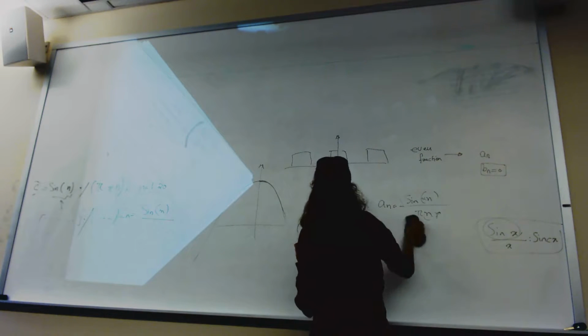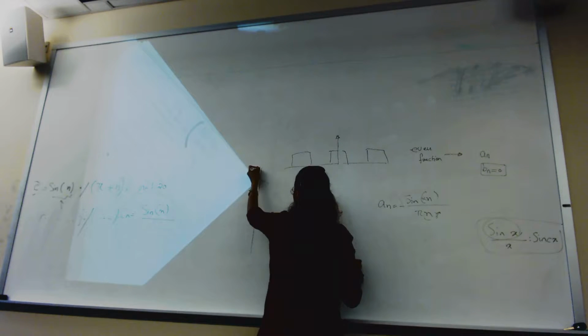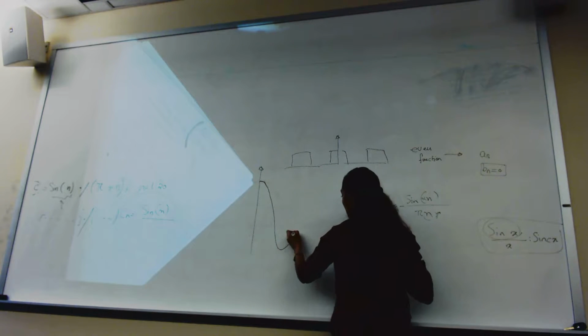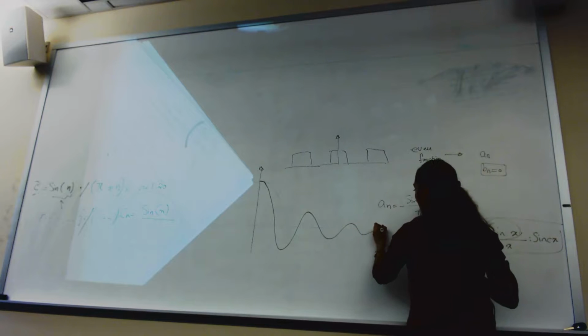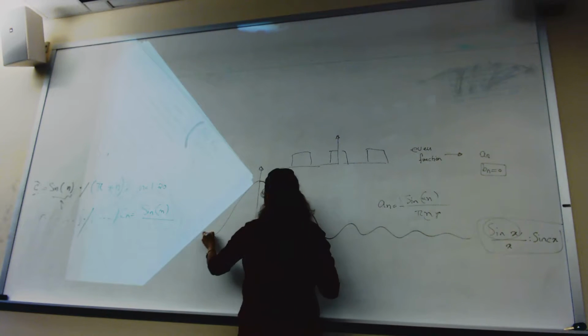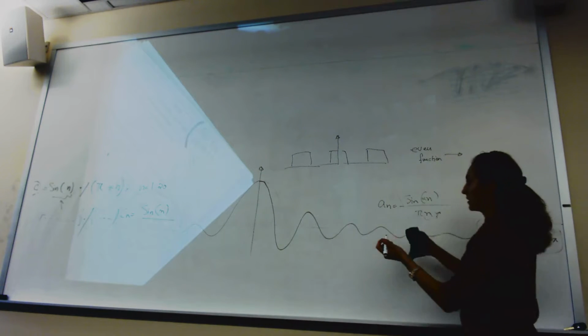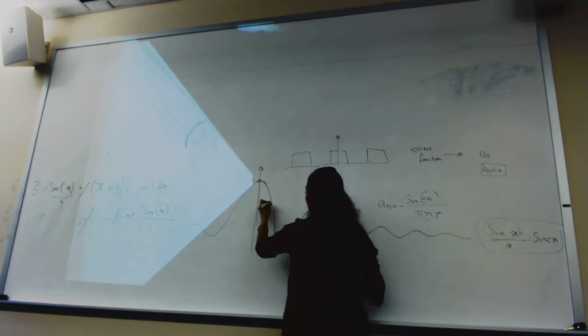This is how the sinc function looks. The sinc function oscillates, however, as I increase n, the amplitude becomes smaller and smaller. Now we are working with this discrete, so you might have something here and then here.